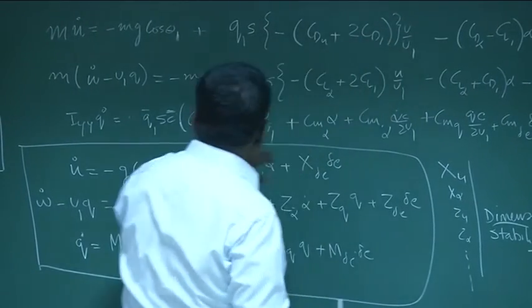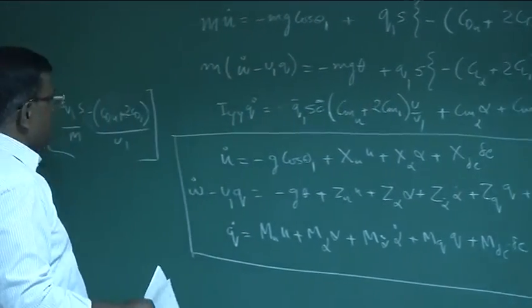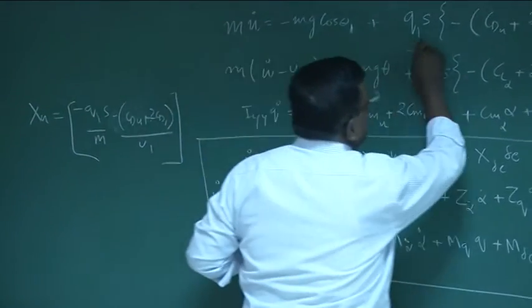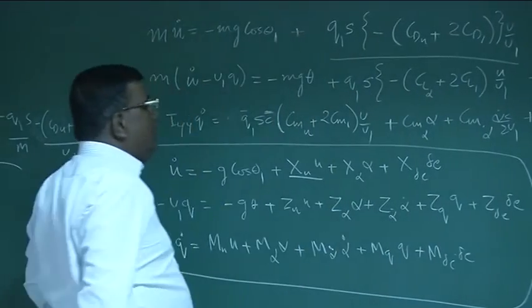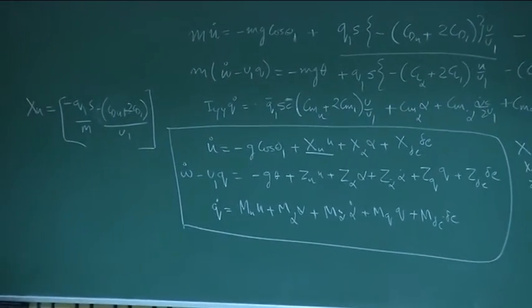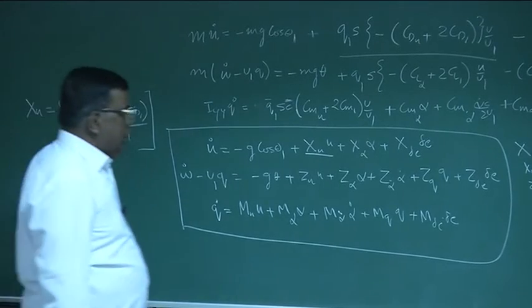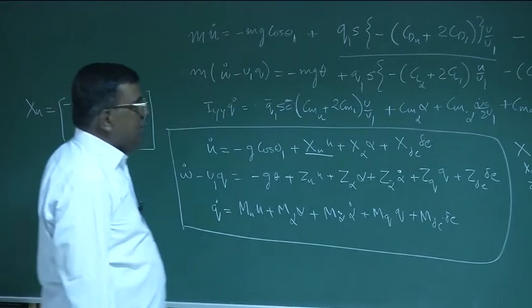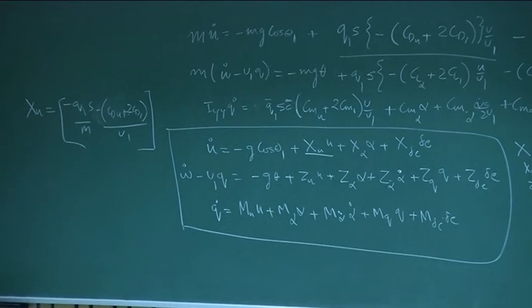So I have taken u1 as the denominator. So this becomes xu, and xu into u gives me this complete term divided by m. Please do it yourself, and you will see it's nothing big mathematically, as simple as dividing by m.